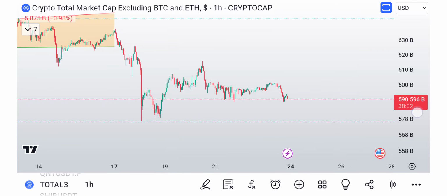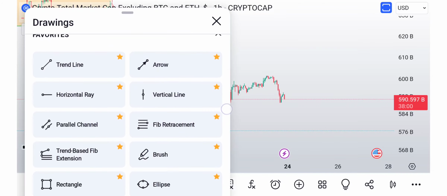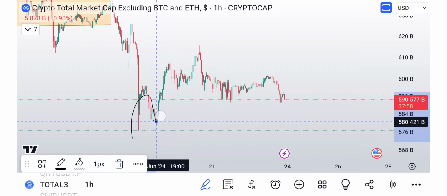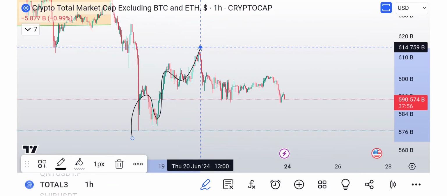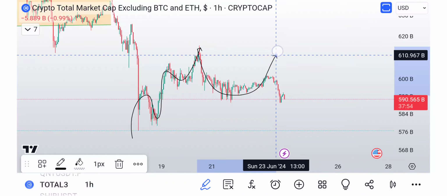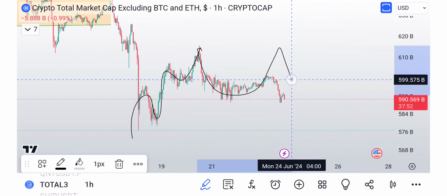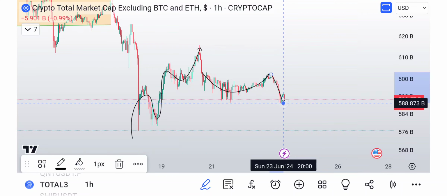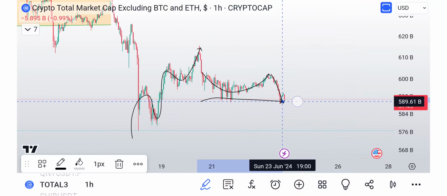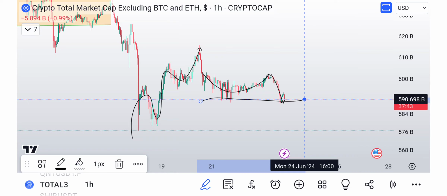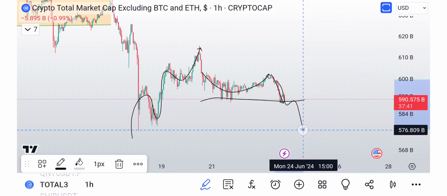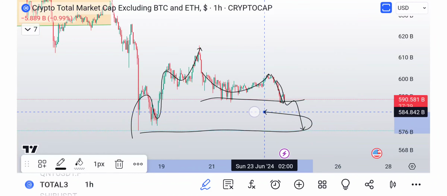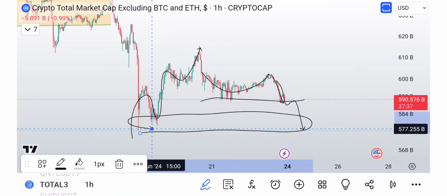Looking at the smaller time frame on Total 3, it has that same shape like Theta, where you have this move here. Theta came up and then it came down, and it's backtesting, right? Total 3 barely came up and then it slammed back down. It looks like this is going to be taken out, and we're probably going to have to come back down here and revisit the lows.